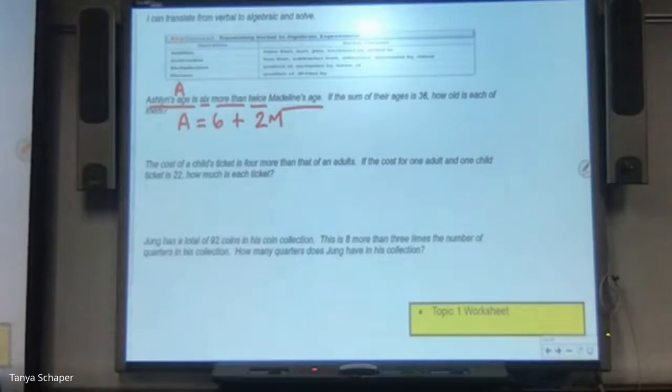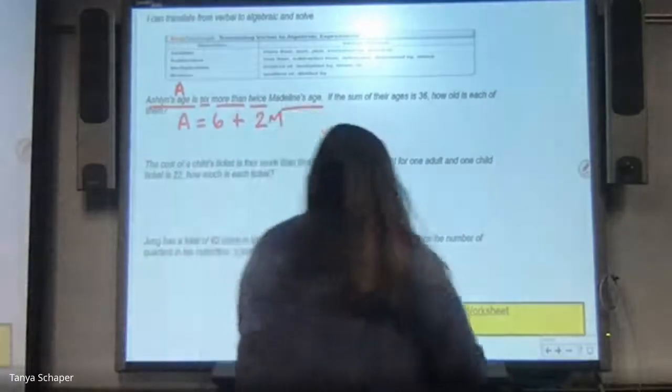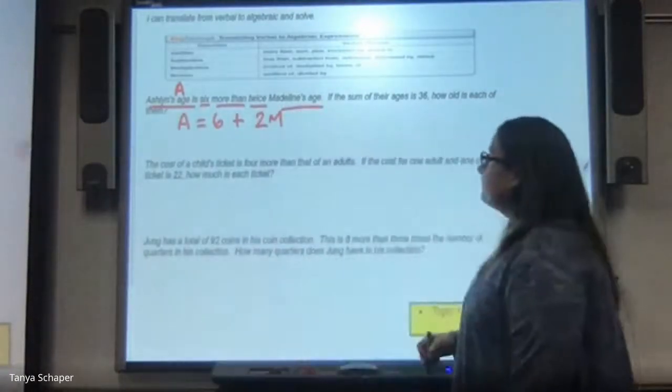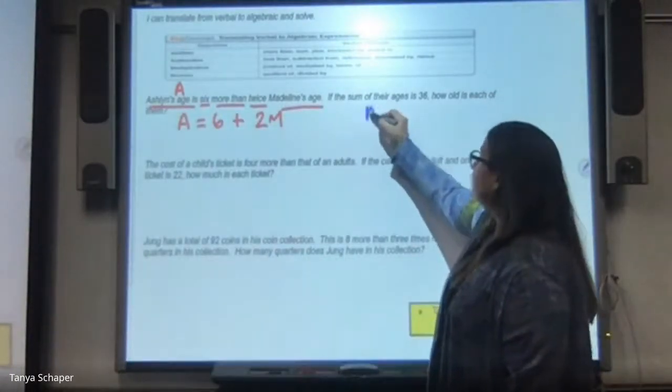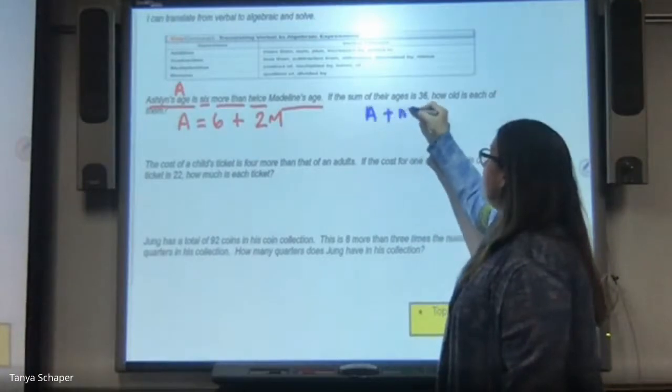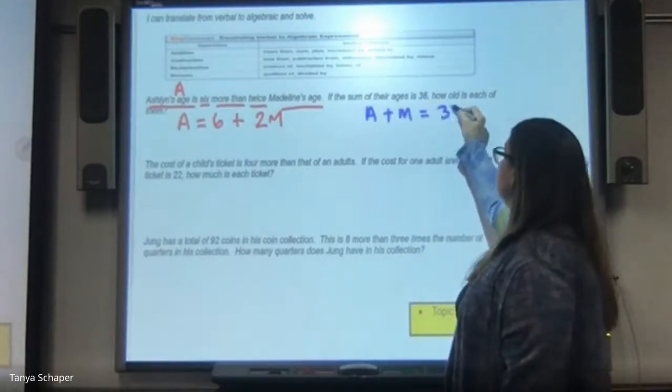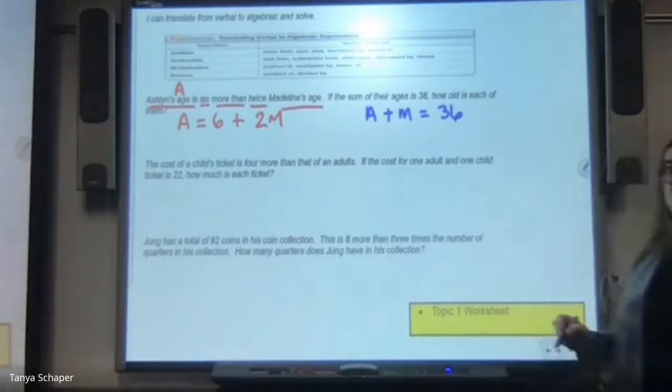Now, the second part of this is an equation to solve, which we haven't really gotten into, but it's good to at least introduce it to you. If we know that Ashlyn's age plus Madeline's age is 36, so I'm going to stretch you a little bit here.